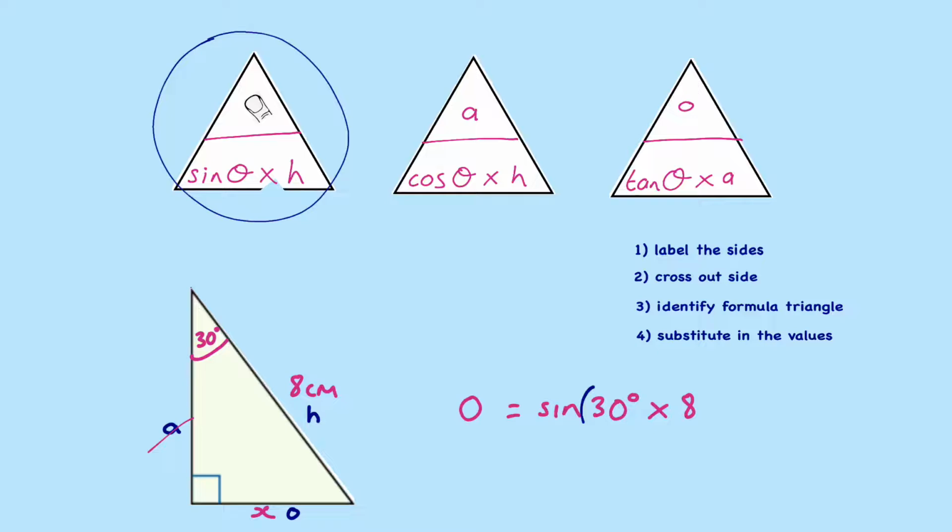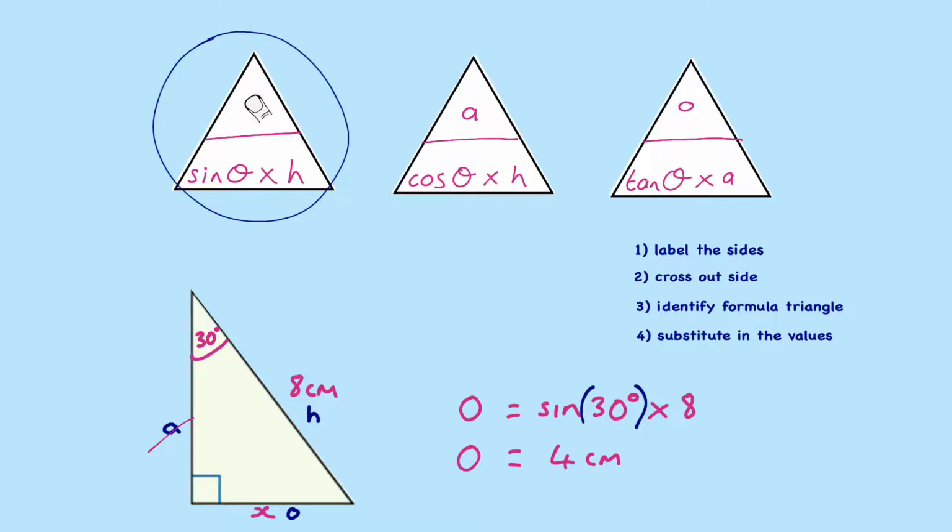If this happens, make sure you close the bracket. If you didn't close the bracket, the calculator would have done the function sin of 30 times 8, whereas we want the function sin of just the 30-degree angle. So you press the sin button, type in 30, close the bracket if it opens one, and then multiply by 8, and that will give you the answer of 4 centimeters.